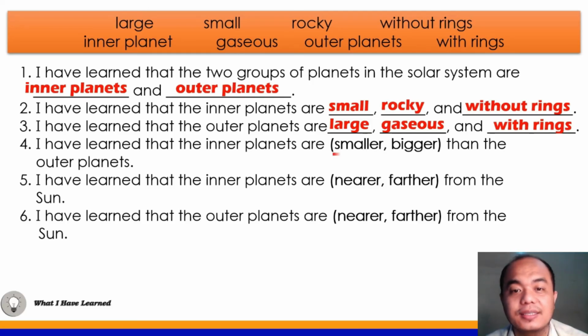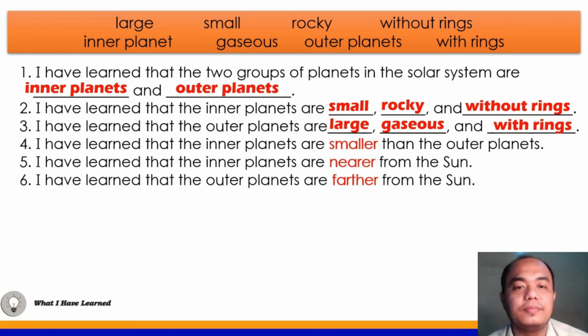The answer is, yes, smaller. Next, I have learned that the inner planets are nearer, farther from the sun. Yes, it's near. Number 6, I have learned that the outer planets are nearer, farther from the sun. Very good, it's farther.